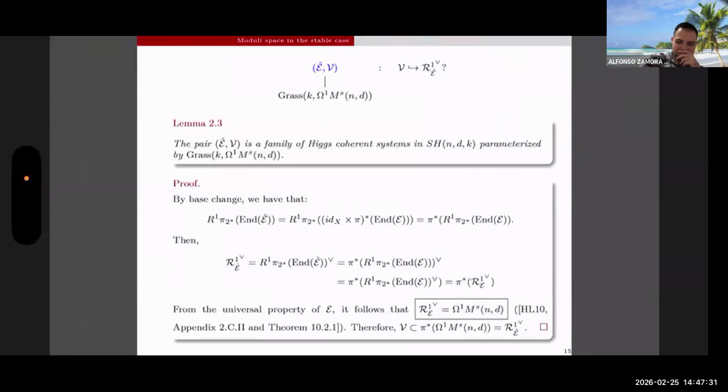And by the properties of dual and pullback, we obtain that the direct image that we need to check is isomorphic to the pullback of that one. And by the universal property of this bundle, we have that this direct image is precisely the cotangent bundle to the moduli. This geometrical interpretation is the reason why we consider first direct image in the notion of families.